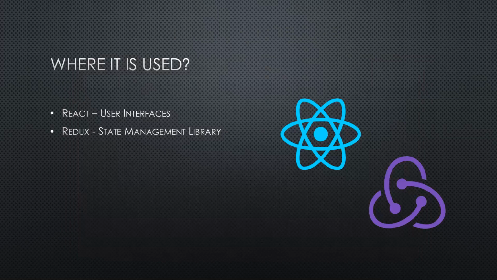So where is Flux used? Flux is the backbone of React. This is how React works behind the scenes. And most of you have used Redux. It's a state management library. Redux also used this architecture of unidirectional data flow and implemented it in its own way.